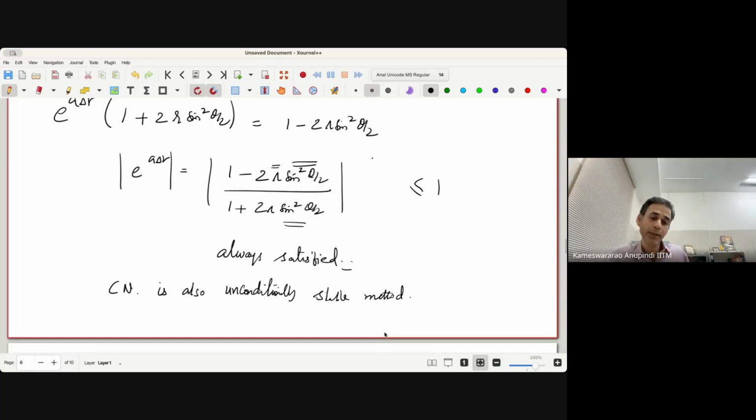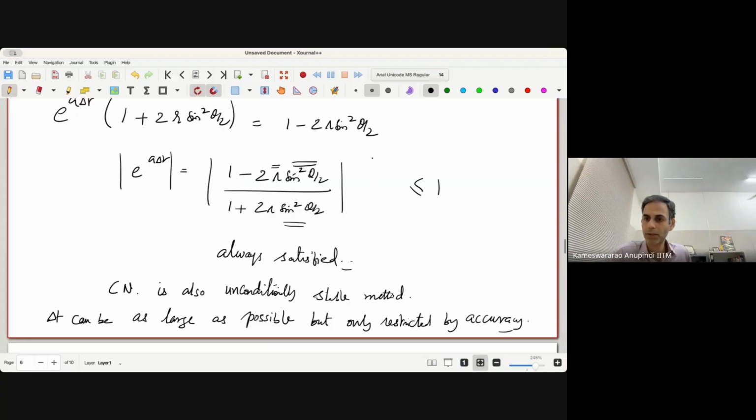You can choose delta t again as large as possible, but only restricted by accuracy. So how do we know whether a particular delta t we have chosen is going to be accurate or not? We would not know. We have to take it and do it and then see if there is reference data we can compare. Otherwise, we have to choose. We cannot choose really large delta t values. That is the only way.